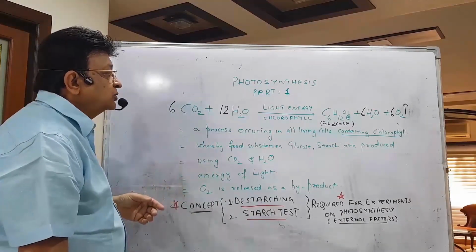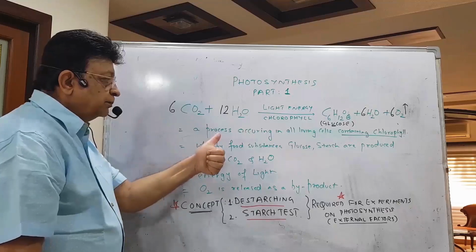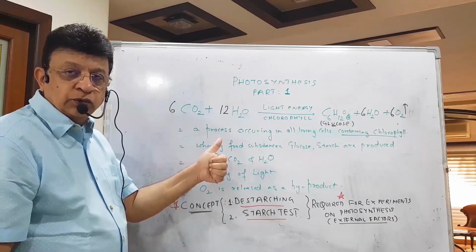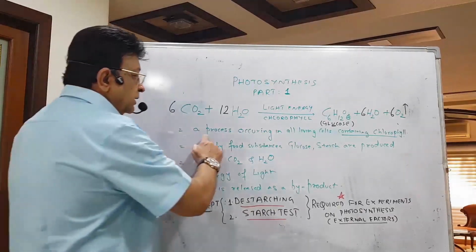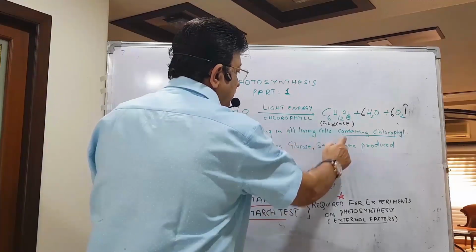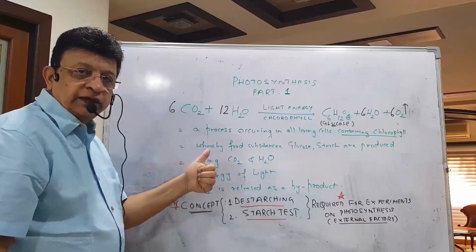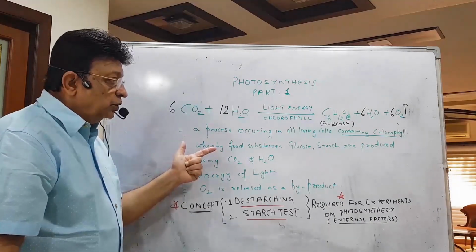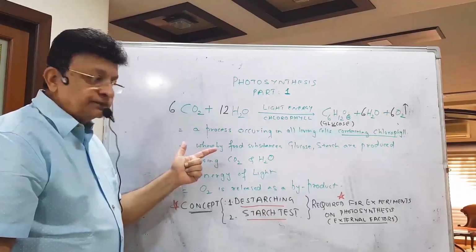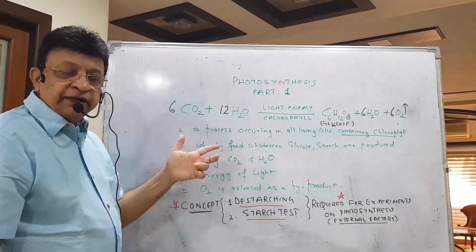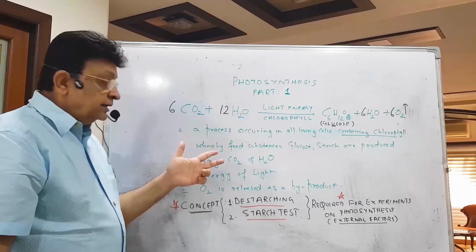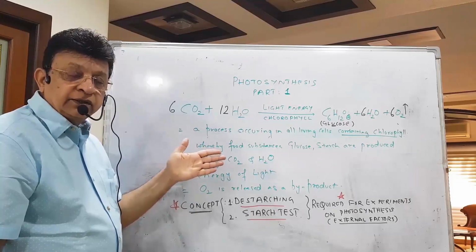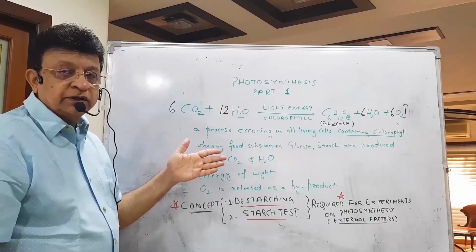Okay, so we begin. Photosynthesis then is a process occurring in all living cells containing chlorophyll, whereby food substances are produced, glucose, starch, using carbon dioxide and water, energy of light, oxygen is released as a byproduct.